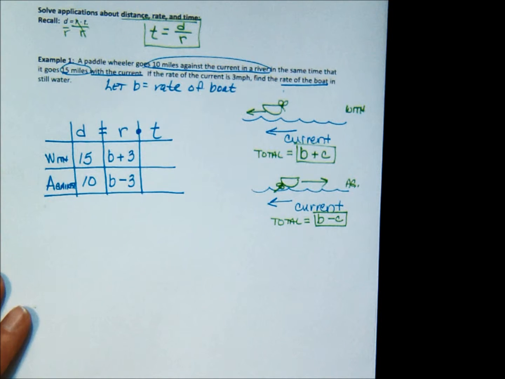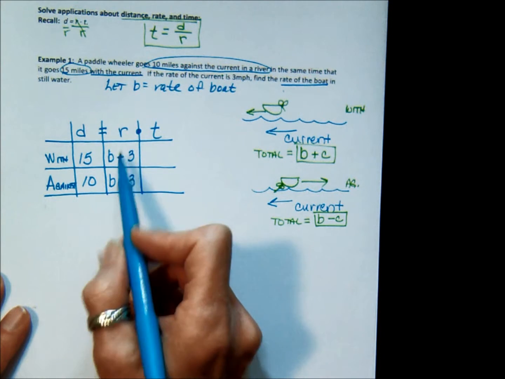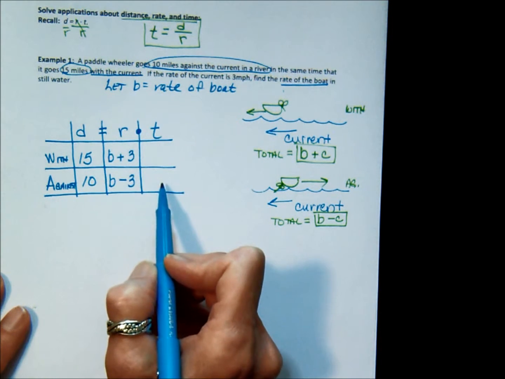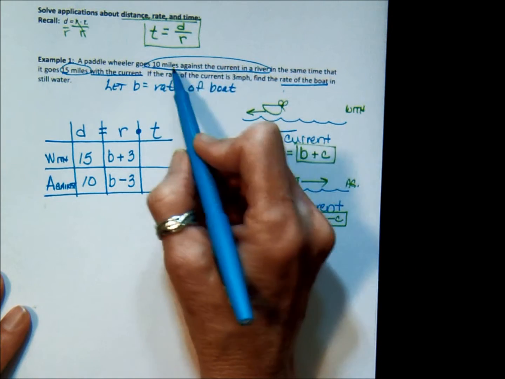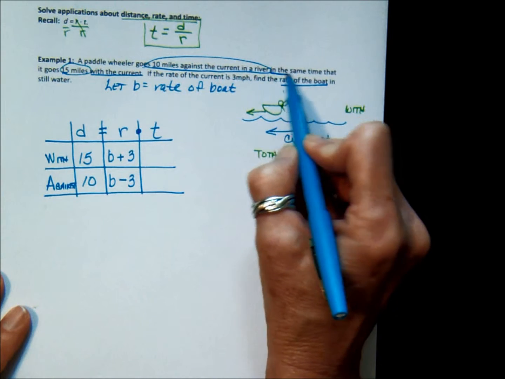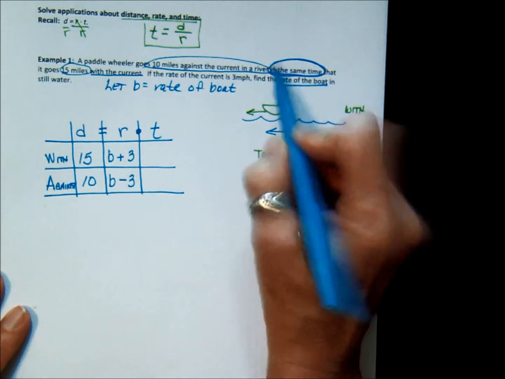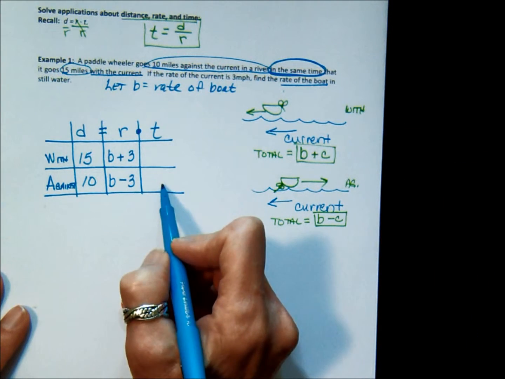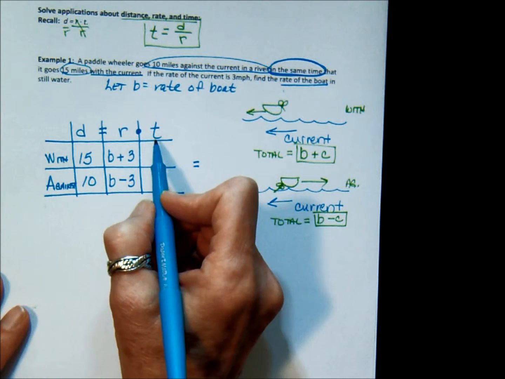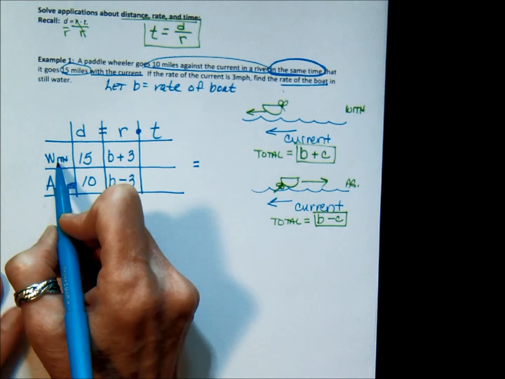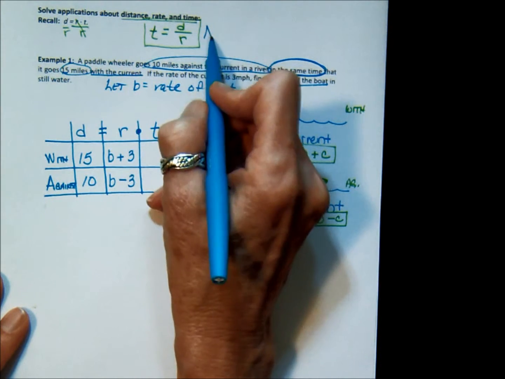And the key to this problem, other than getting the rates, are these next 2 cells, because it says that it goes against the current in the same time, meaning these 2 times are equal to each other. For the time going with the current, we're going to use this formula.